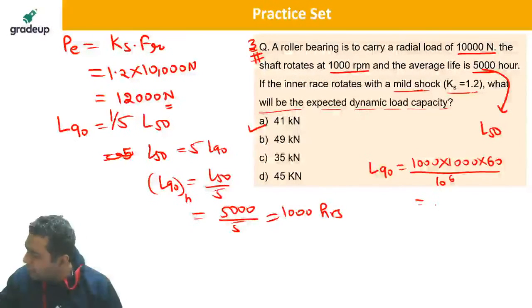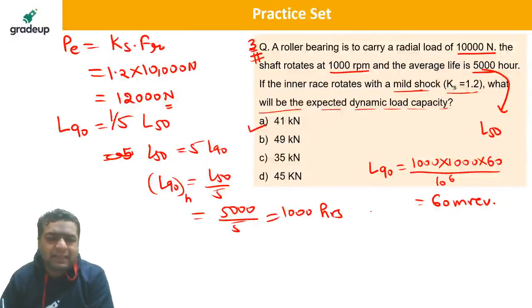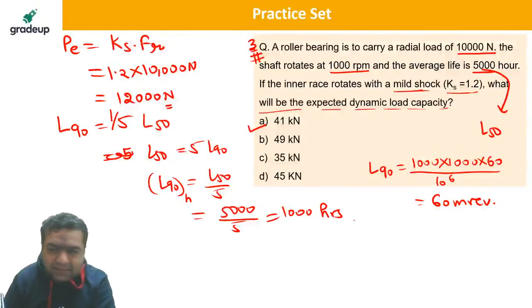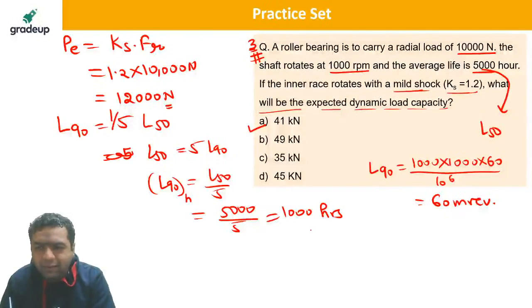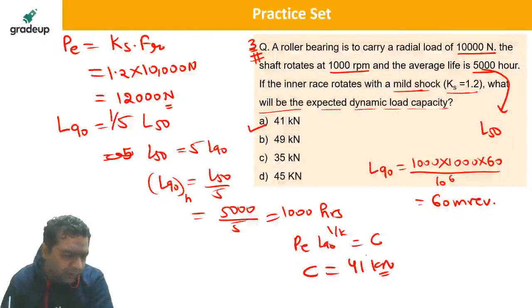You will get 60 million revolutions. Then you need to apply the equation P into L90 to the power 1 by K is equal to C. Dynamic load carrying capacity you need to find out. You will get about 41 kilonewton. It will come out to be 40.985.